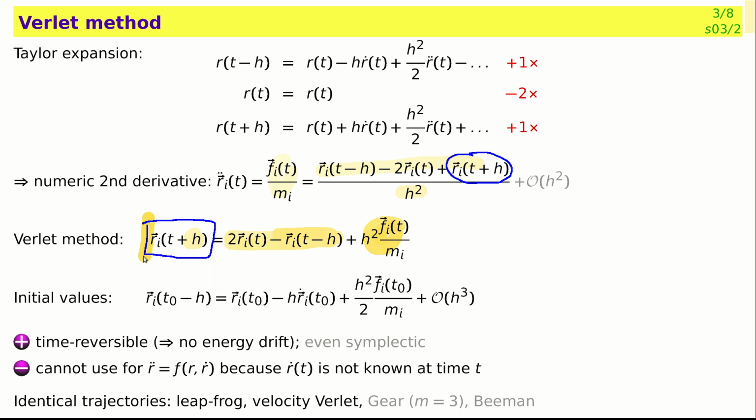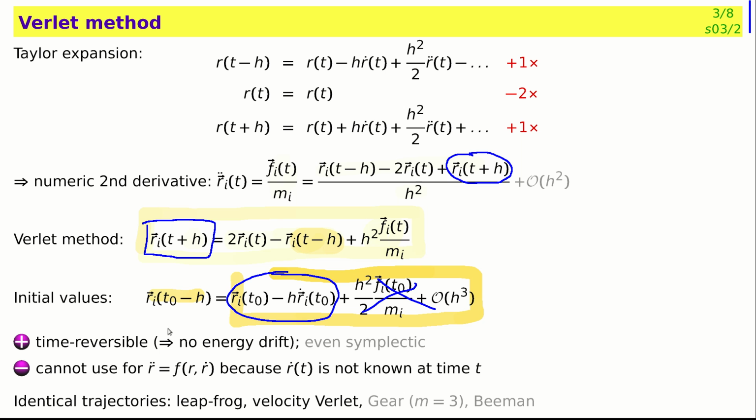If we want to use this in the integration, we must mention that this is not in the form of the initial value problem. I have something here that I generally don't know, but I can calculate it using the Taylor expansion. Actually, it is pretty enough. Just start from this.